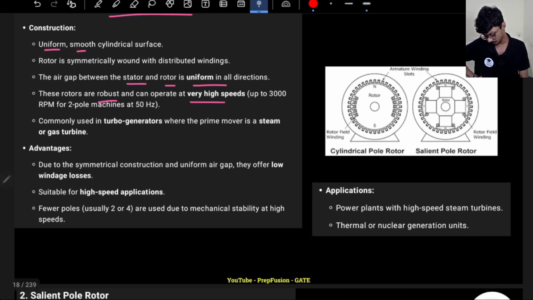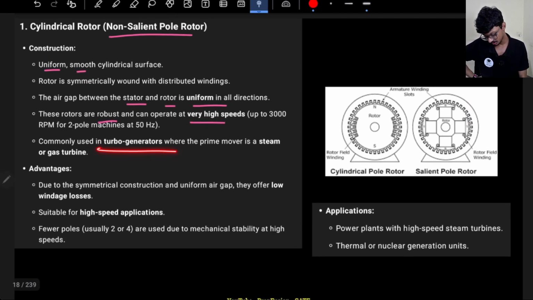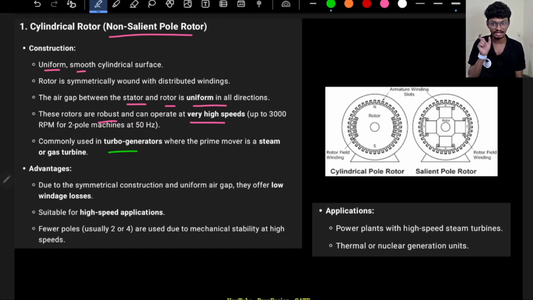Cylindrical rotors are commonly used with turbo generators. Turbo generators are generators used with steam turbines and gas turbines. In steam power plants or gas power plants, we always use turbo generators, which are synchronous generators whose rotor will always be a non-salient pole rotor.